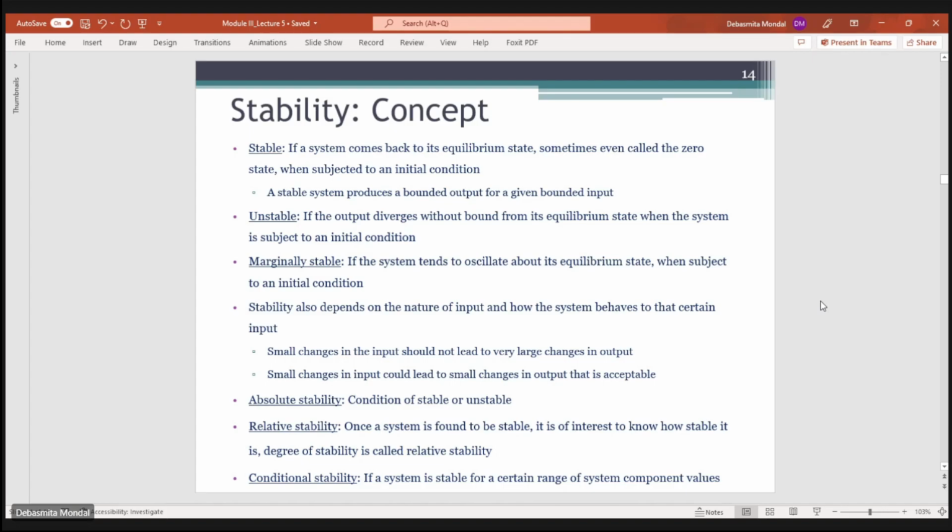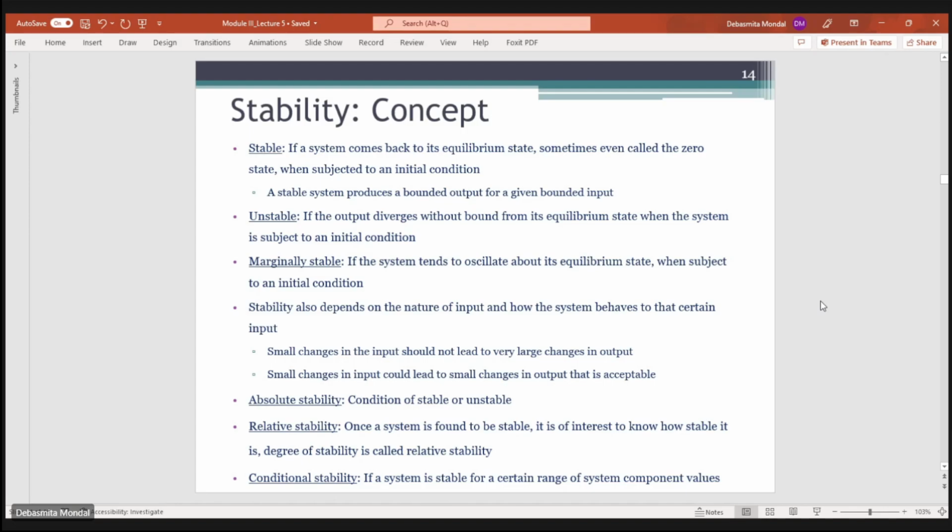We have already talked about stability earlier, so I will not go into much detail. Stability means that the system comes to an equilibrium state whenever it is subjected to any kind of initial condition; that is known as a stable system.